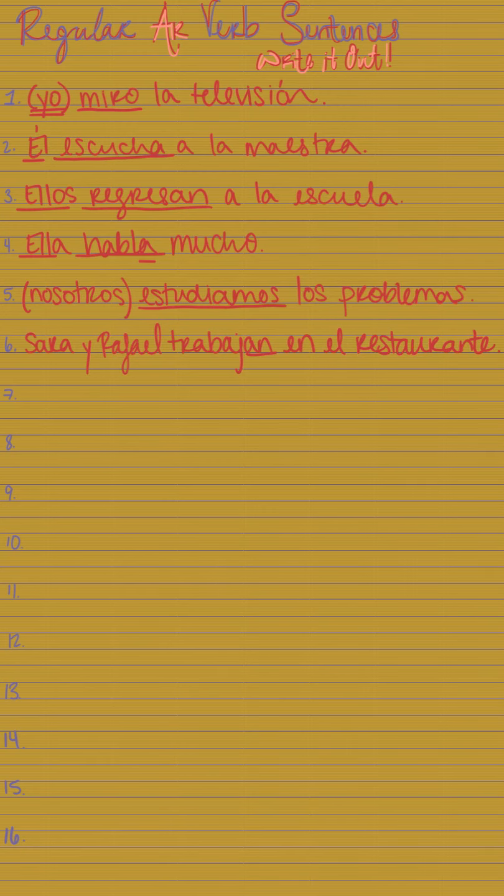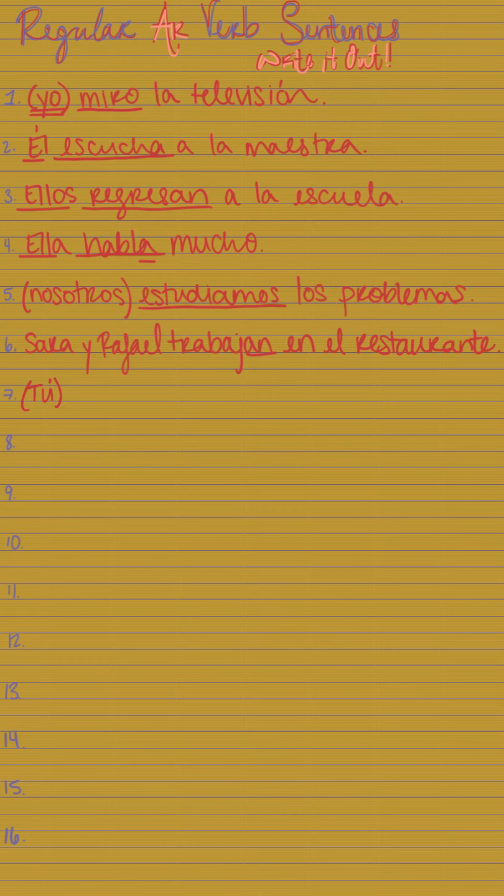All right, so number 7, here we go. The sentence is, you dance very well. You dance very well. All right, third time's a charm. You dance very well should look like, now I'm putting my tú here in parentheses because if we remember, tú also has a unique conjugation.